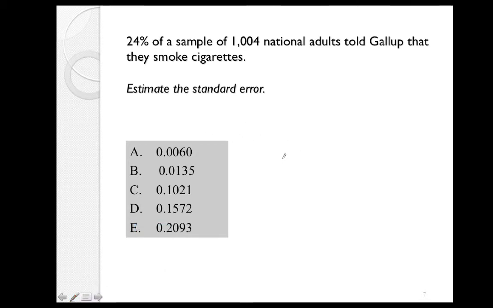To estimate the standard error, we're looking at the square root of p bar times 1 minus p bar over n, which is the square root of 0.24 times 0.76 over the sample size. And that is 0.0135. So B is the answer there.